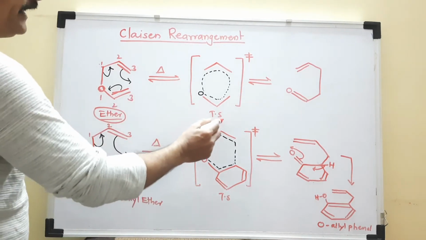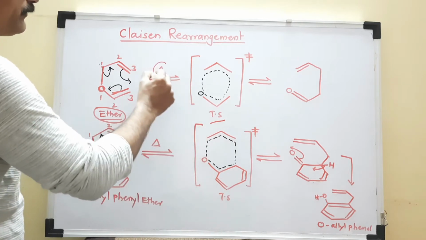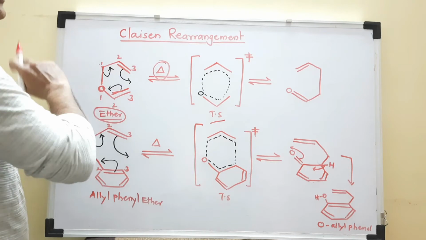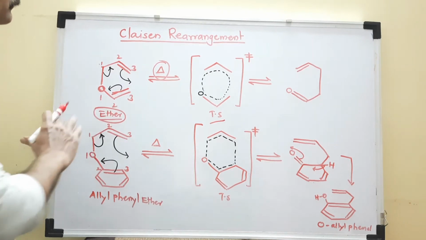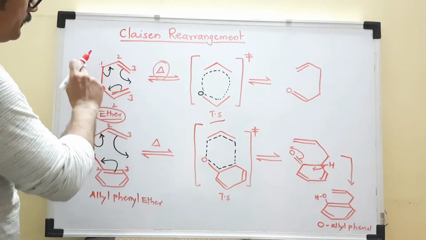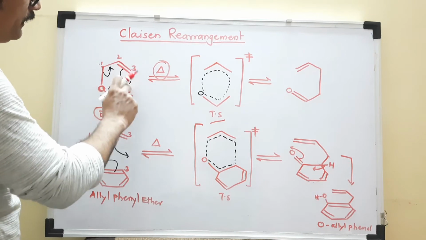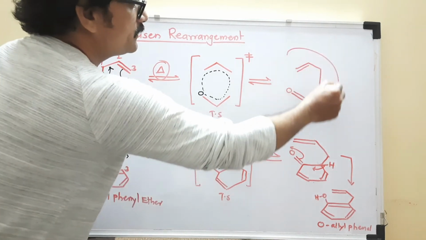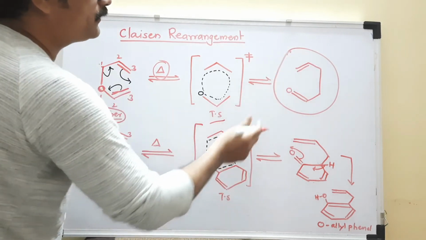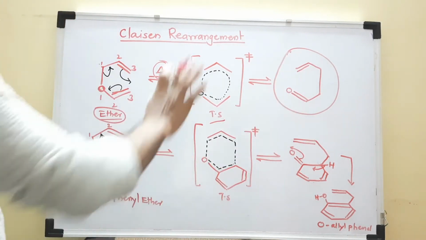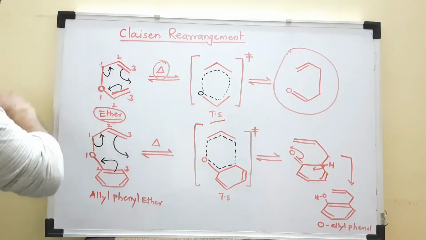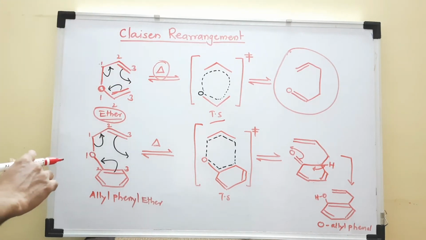So this is again a cyclic transition state, and we are performing this reaction in presence of heat. So again, Claisen rearrangement is a thermal reaction. And by breaking all these bonds and making a bond here, you get another compound. This is nothing but the ketone in this case.